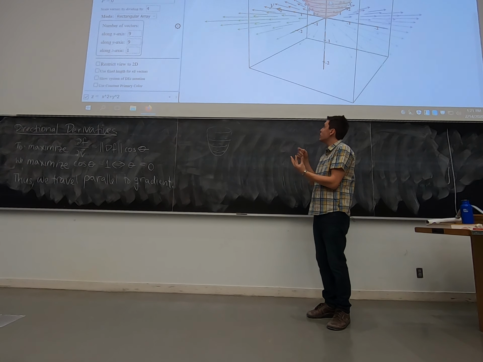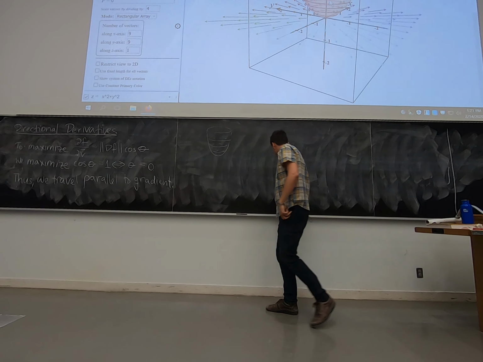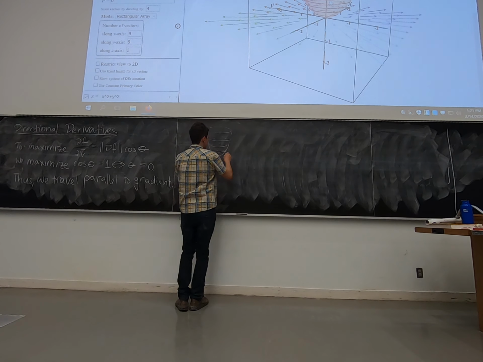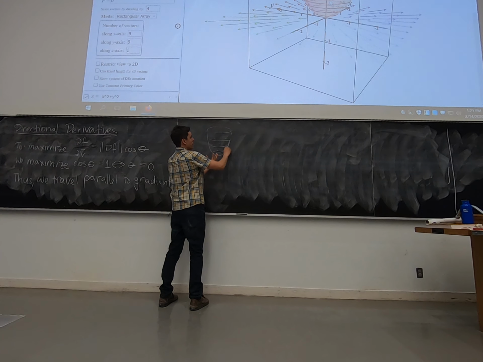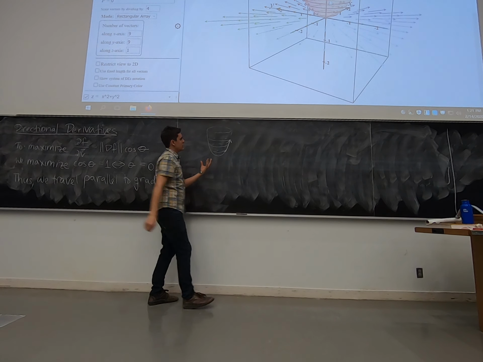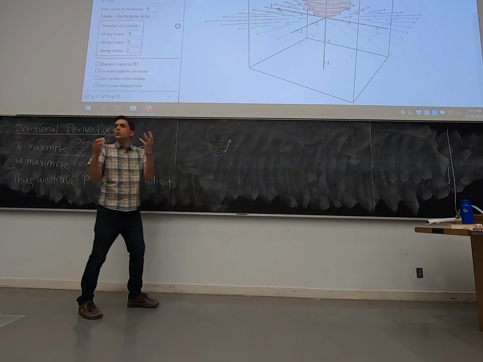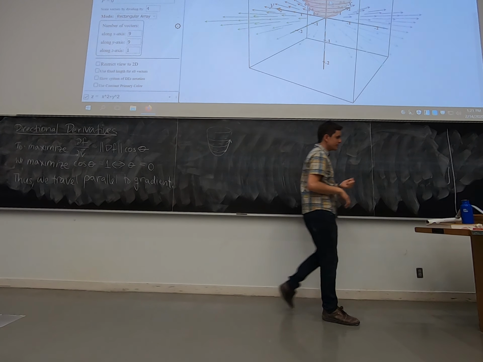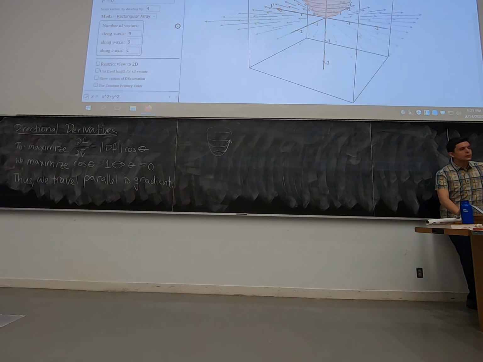So what you do is you go up the sides of the bowl directly. You're standing in here, you want to go up the side of the bowl to escape as quickly as possible. That's what the gradient vector field is highlighting.